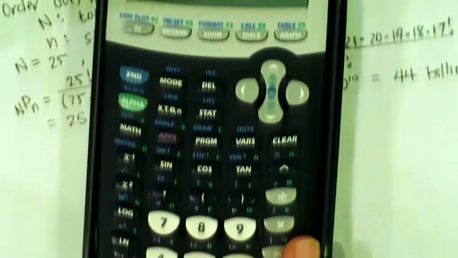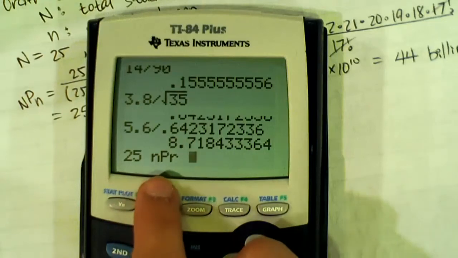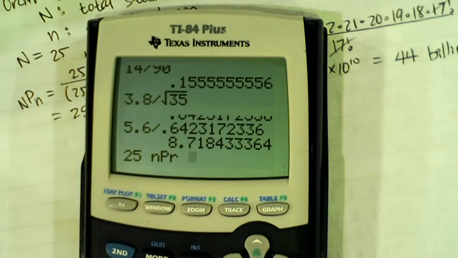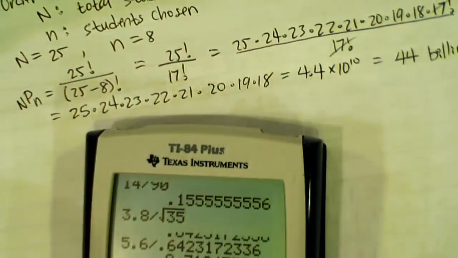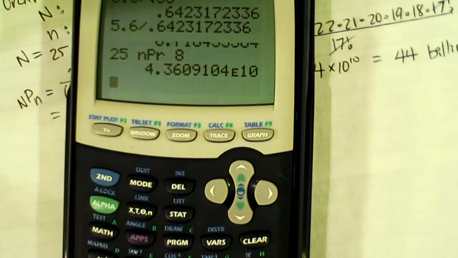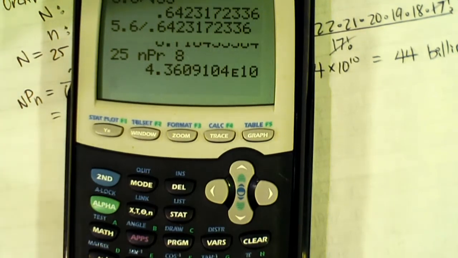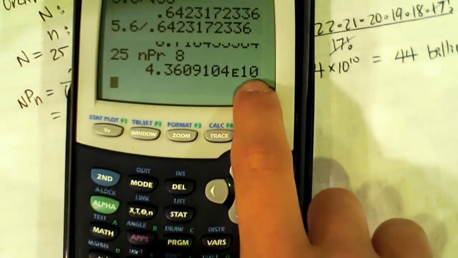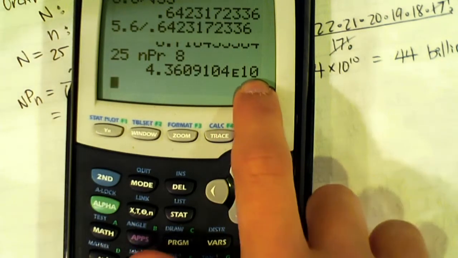So you press 2, and then that's what it shows. And then you put whatever your little n is. So here little n is 8. So you click 8, and you get 4.36, which is roughly 4.4, and then e is times 10 to the 10th power. So that's just another way of doing that.